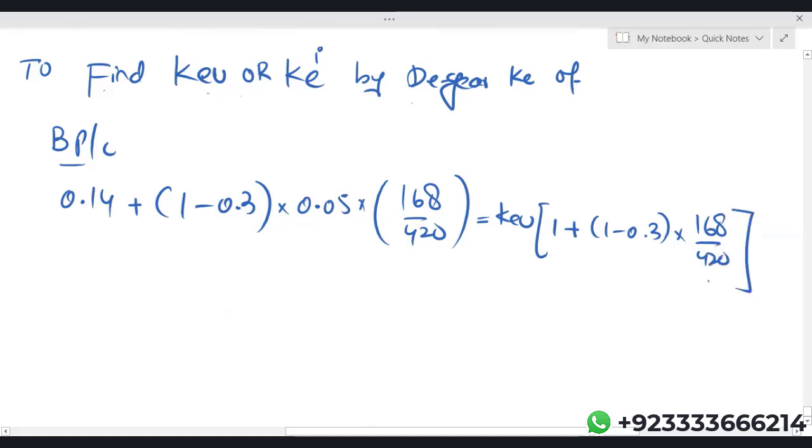So let me use the calculator. Then obviously we'll be solving this on Excel also. I want everyone to use the calculator so that there shouldn't be any mathematical errors. 168 divided by 420. Then I'm multiplying this with 0.05 times 0.7, since 1 minus 0.3 gives 0.7.